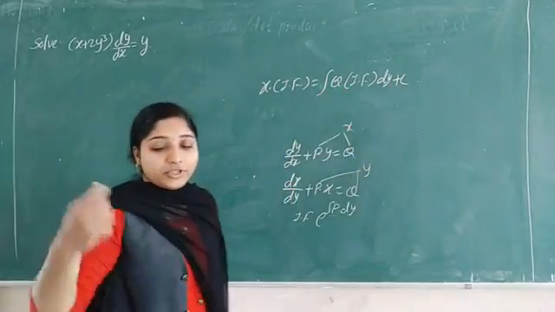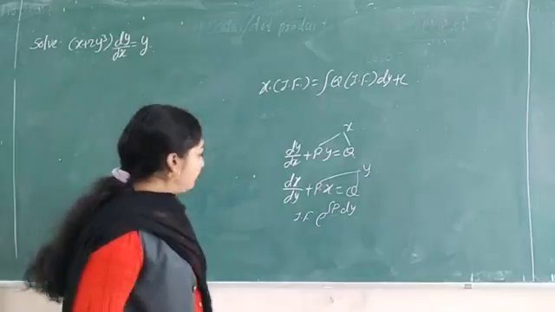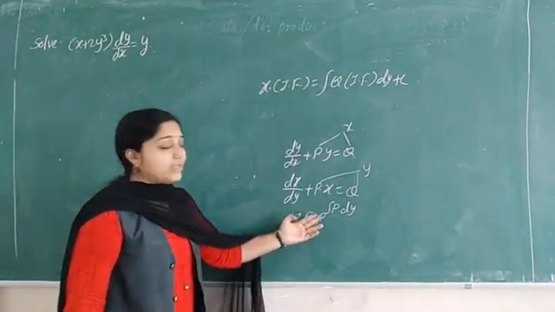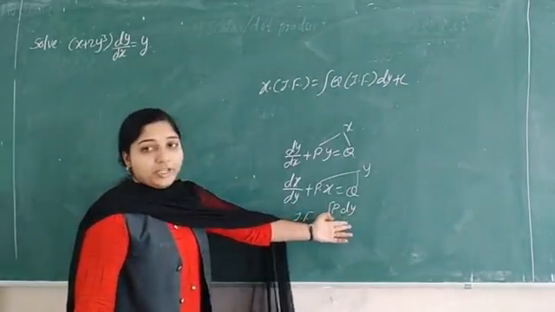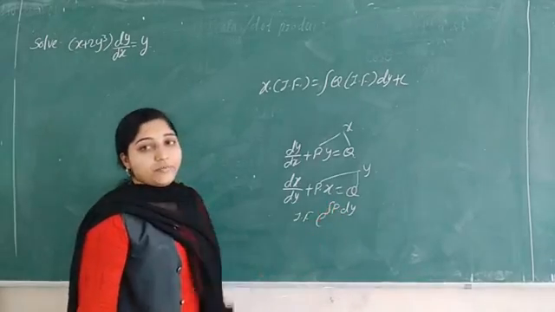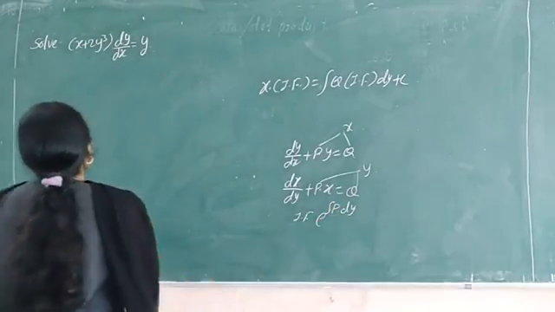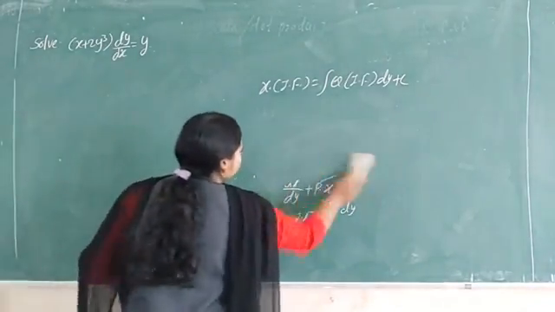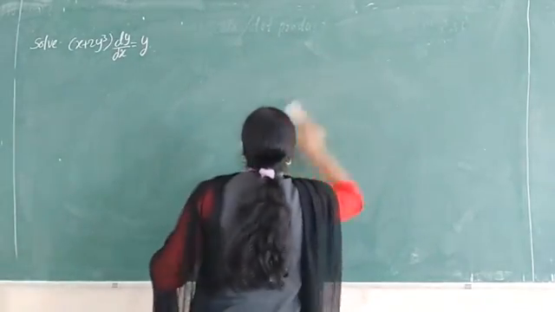Same procedure; only here the integrating factor is e to the power of integration of p dy, and in the other case it is e to the power of integration of p dx.